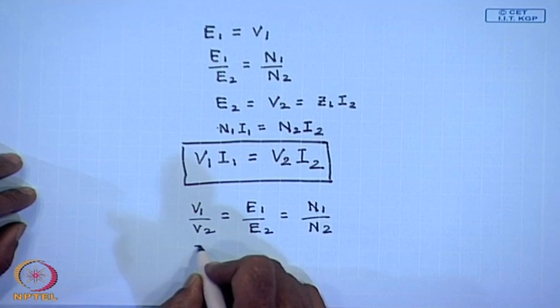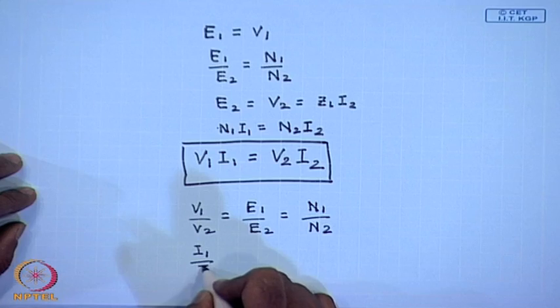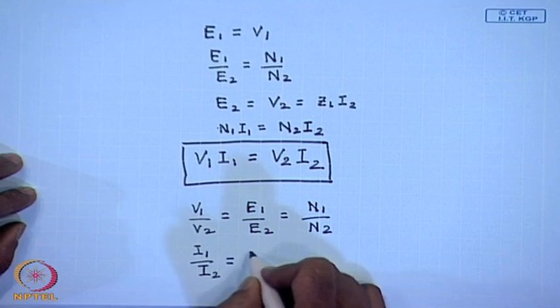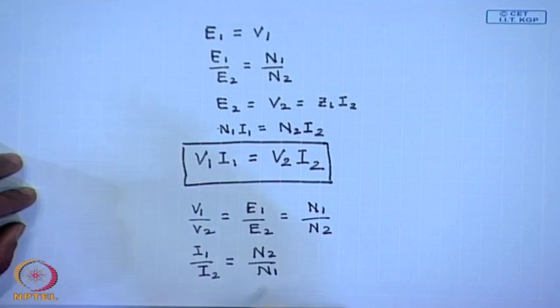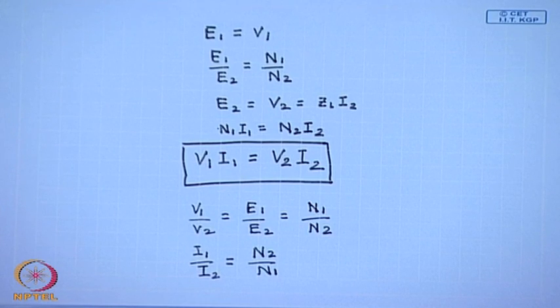Similarly, I1 by I2 equal to N2 by N1. This relation holds for an ideal transformer.